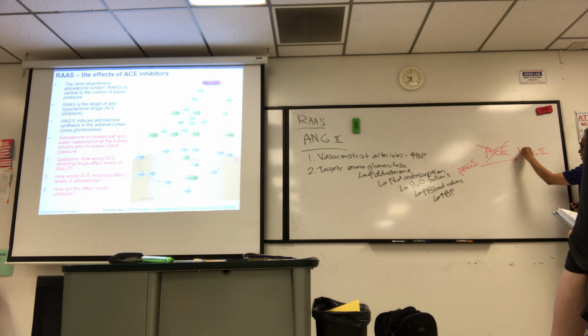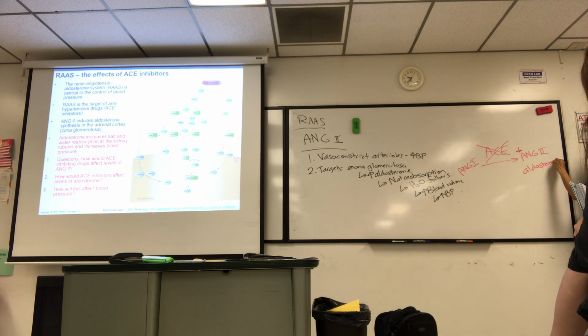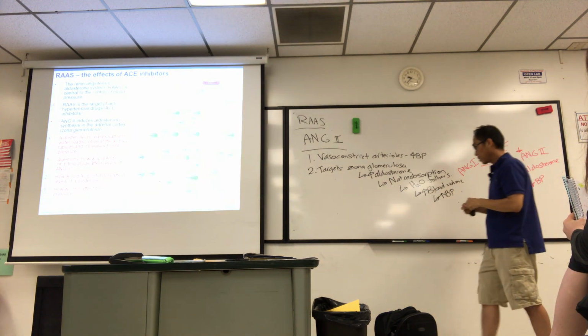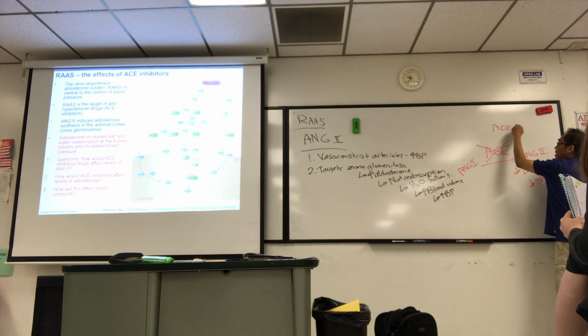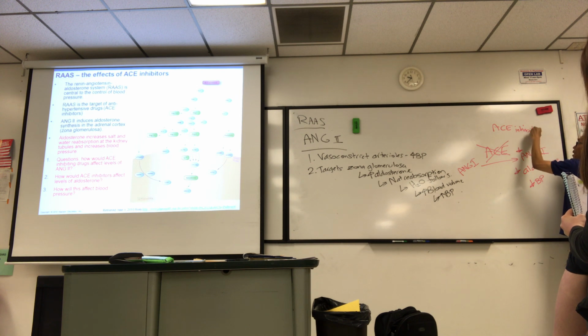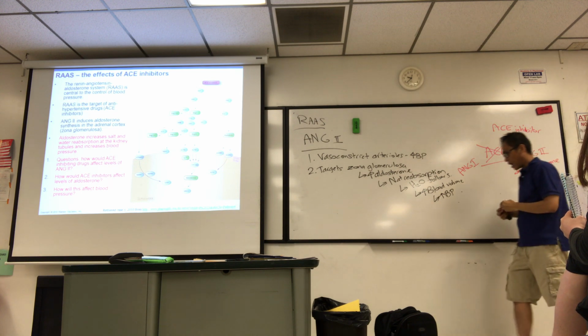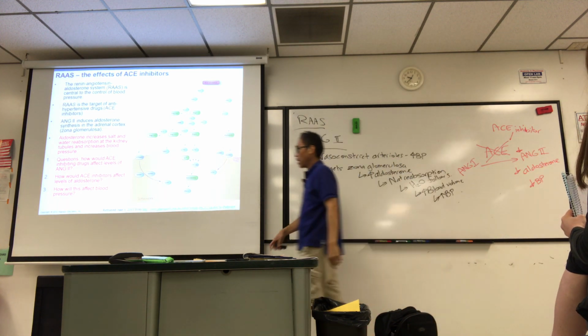And if you think downstream of that, comment on the circulating levels of aldosterone, up or down? Down. Therefore, ultimately, you should think this should help drop BP, if that's the desired effect for an ACE inhibiting drug. ACE inhibitor. That would be the effect. Just stop ACE and it will help drop the blood pressure.